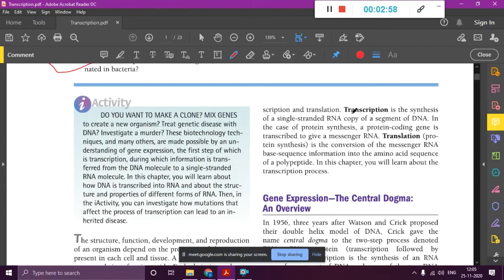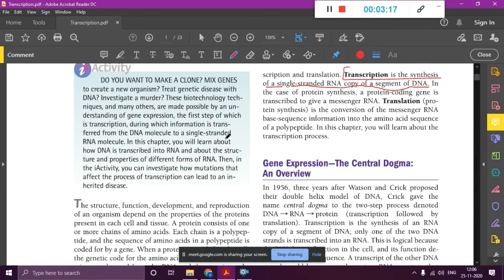As the definition goes, transcription is the synthesis of a single stranded RNA copy of a segment of DNA. This is the process of transcription, a DNA giving rise to a messenger RNA.